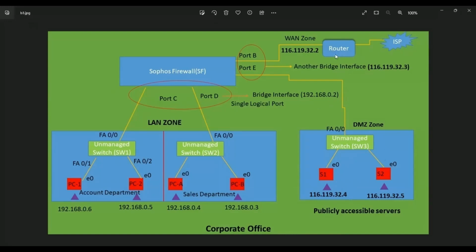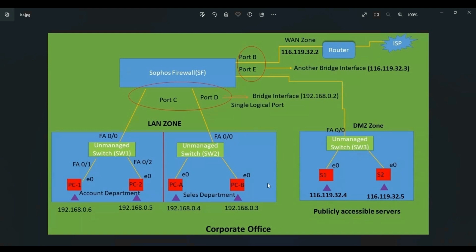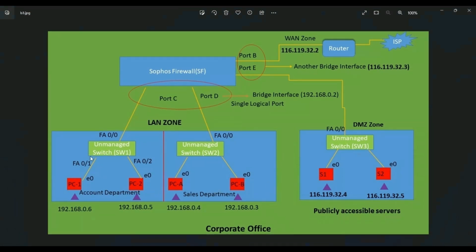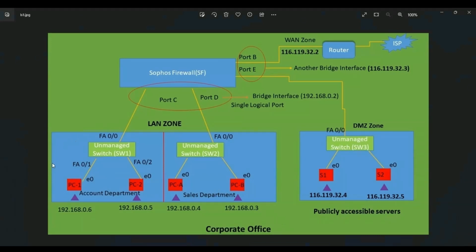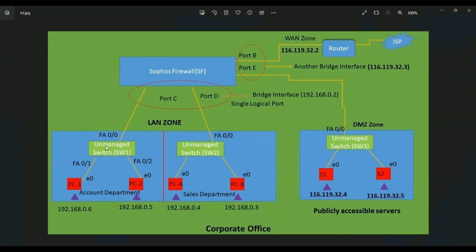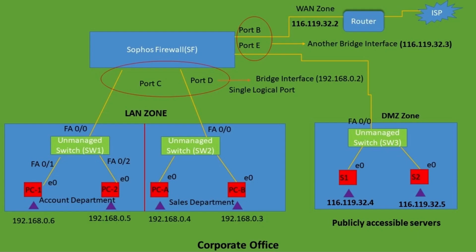In this way, the Sophos firewall acts as a transparent subnet gateway. On the other hand, the LAN zone uses a firewall as its gateway. These are the basic working principles of bridge interfaces in the Sophos XG firewall. That is how it works.